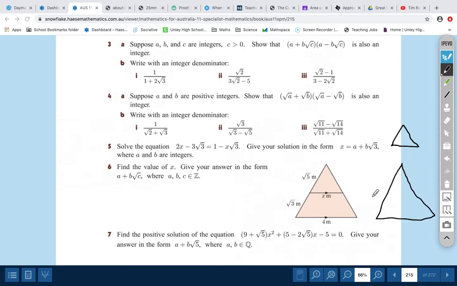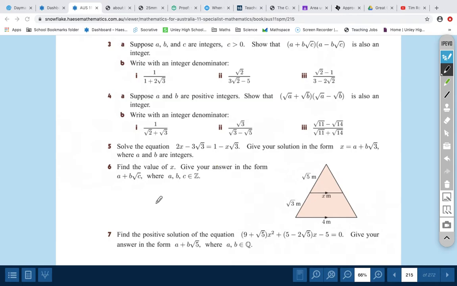And apologies for the drawing. Using this pen is quite difficult. I really need to find a better way. But that angle there is shared, okay? And because these lines are parallel, those two angles are the same, right? And these angles here are the same. We've got corresponding angles. Okay.